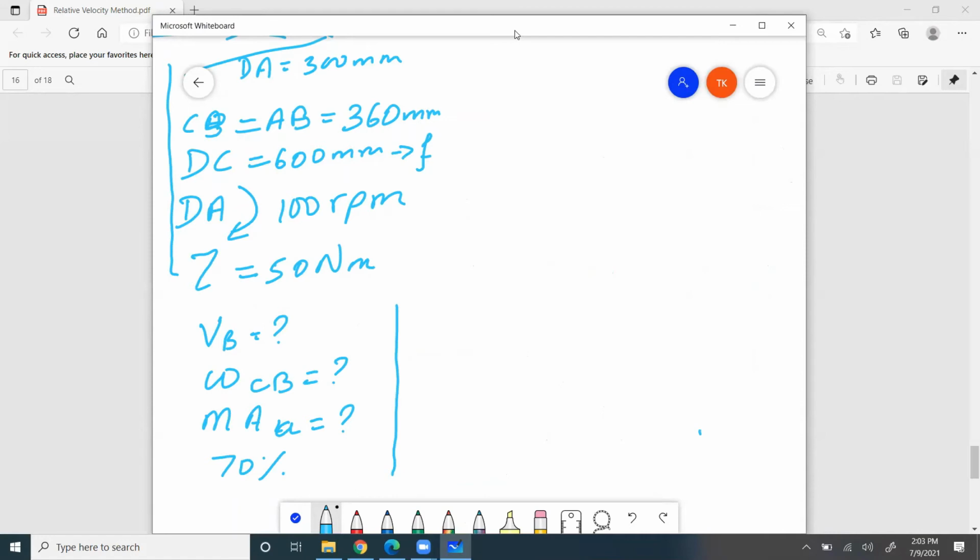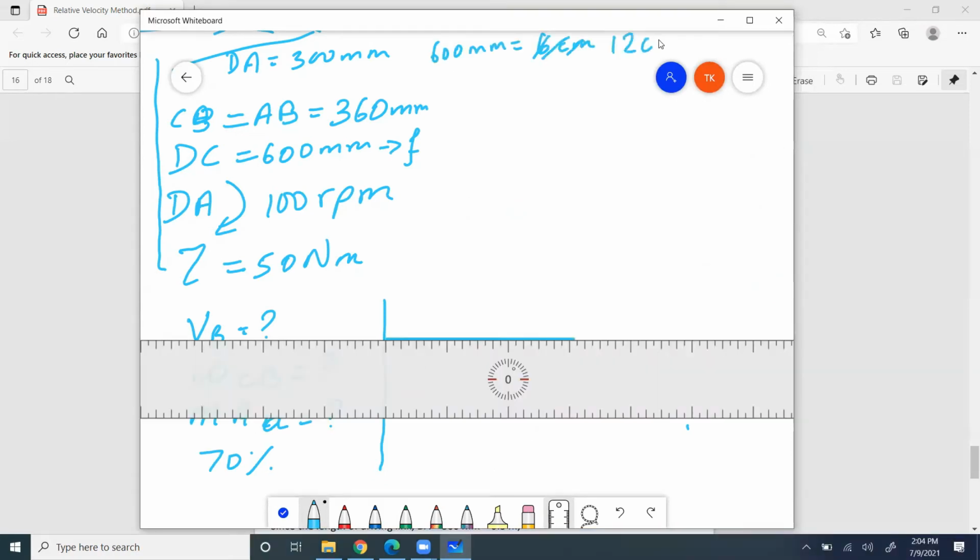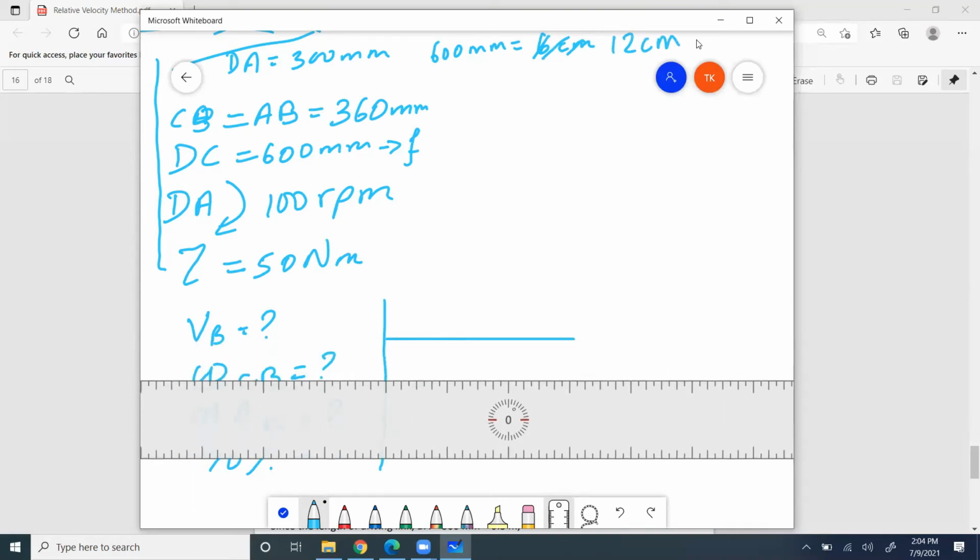Okay, so as usual, we'll draw the diagram, right? I will go for a scale factor of 600 millimeters equal to 12 centimeter. So this is our DC. Then DA is rotating at 100 rpm, and DA is equal to, not 100, 300 millimeter.